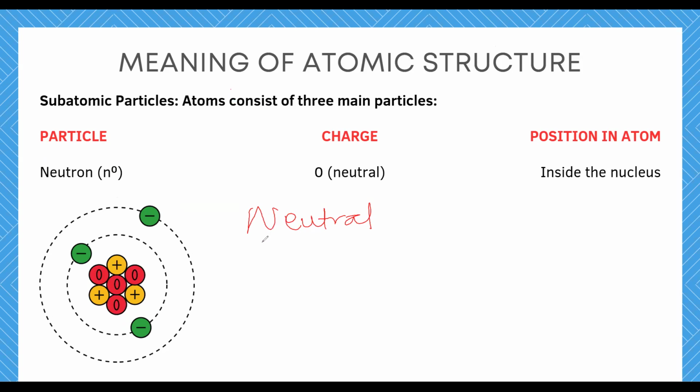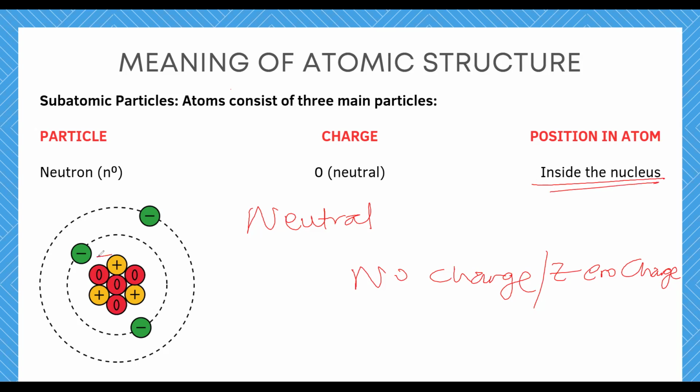The neutron is a subatomic particle that has no charge, or zero charge. That is what the neutron is. And the location where the neutron is found is inside the nucleus. You can see this part here that I circled. That is the center of the atom. That part contains both the proton and the neutron. Are we all following? I believe we are.